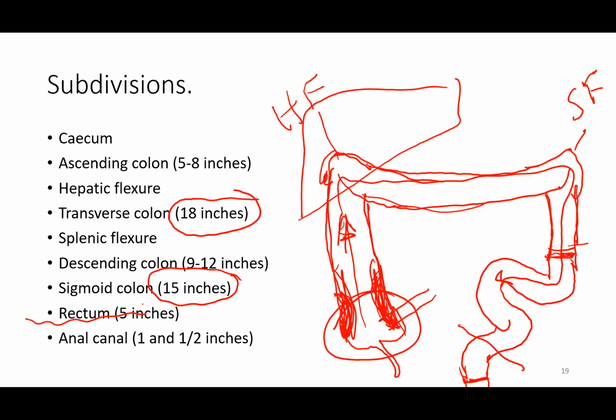Now, this transverse colon and the sigmoid colon have a mesentery, so they are fully intraperitoneal.